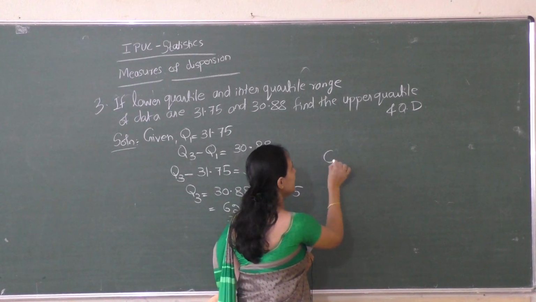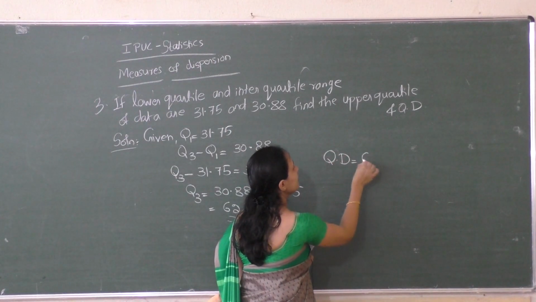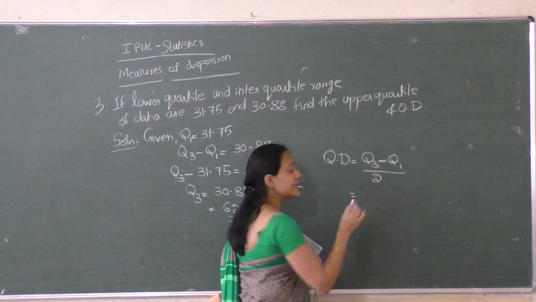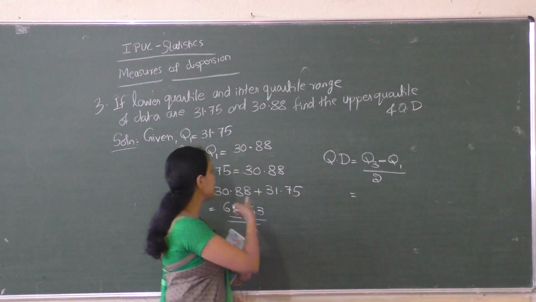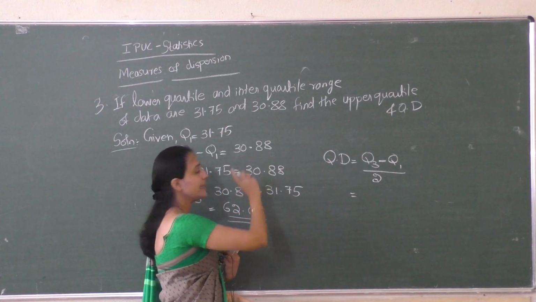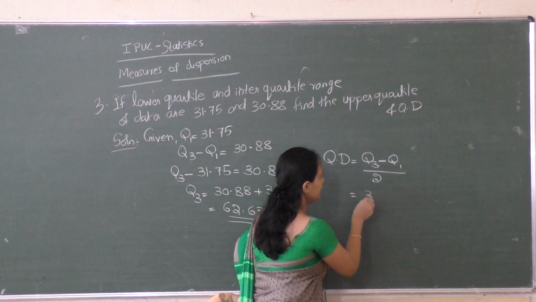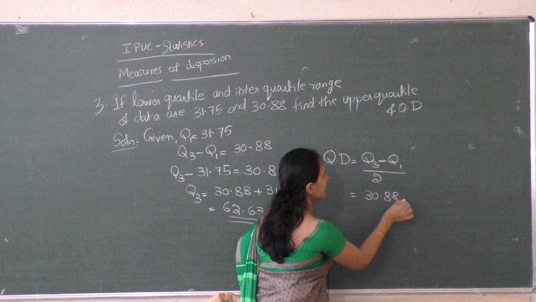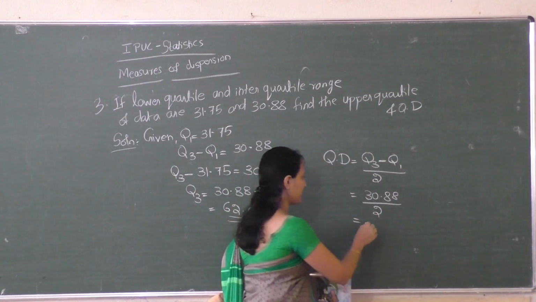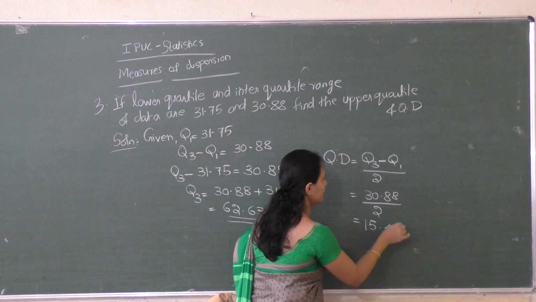Next, QD. What is the formula? QD is Q3 minus Q1 divided by 2. Here, Q3 minus Q1 is directly given. Q3 minus Q1 is 30.88. Correct? 30.88 divided by 2 is 15.44.